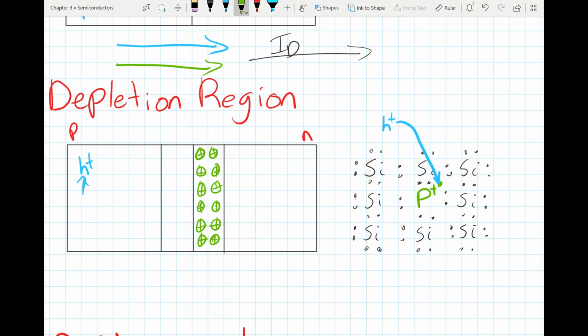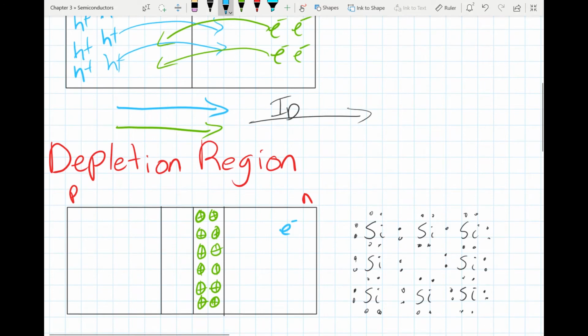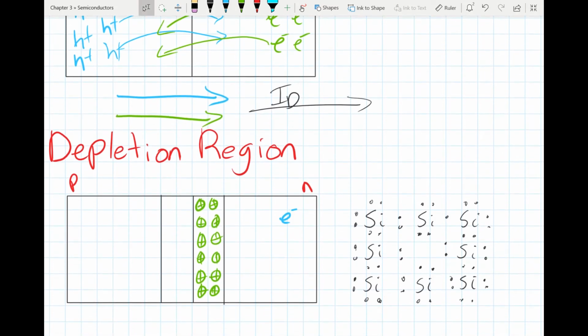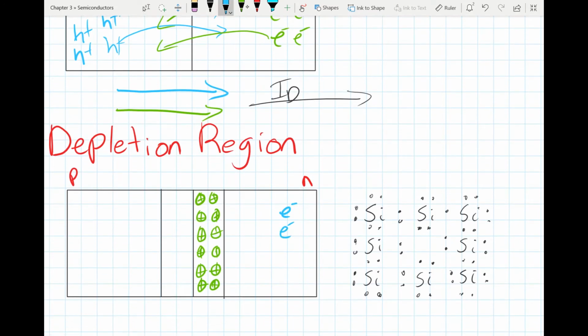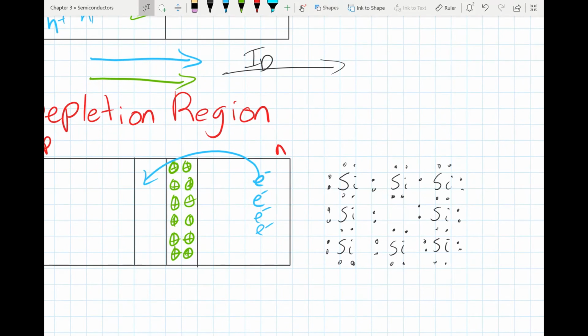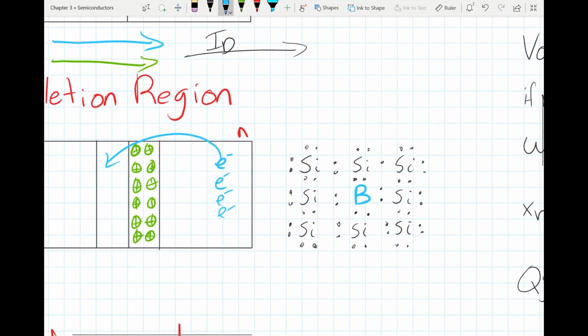Now let's see what happens on the p side. We have electrons here, and these electrons are diffusing, as we said, into the p side. On the p side, we are doping with boron, which is group 3.